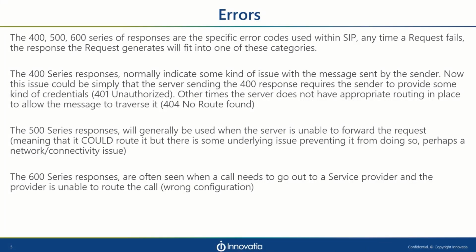A lot of times, service providers don't like having calls come into them and being asked to send the call right back to the same location. So these global failure responses are often used by service providers to indicate to callers, hey, you're supposed to route this call internally.